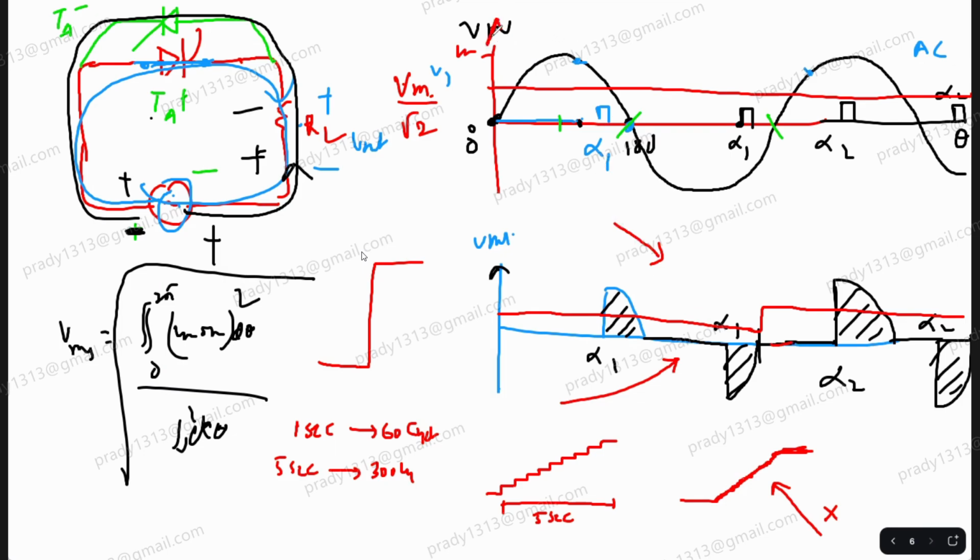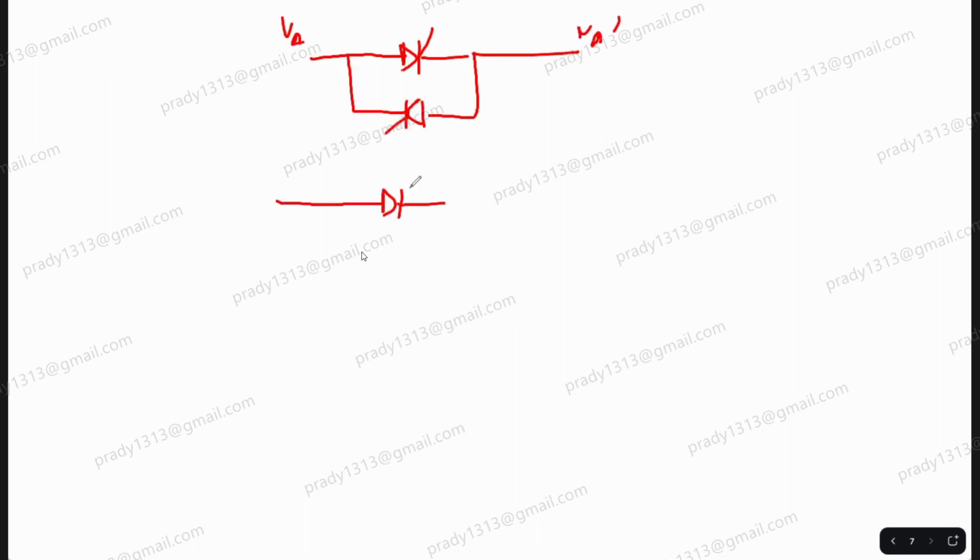Let me just draw the circuit also. For three phase, this will be the circuit. This is VA, this is VA dash. Similarly, you can repeat it for the two other phases.